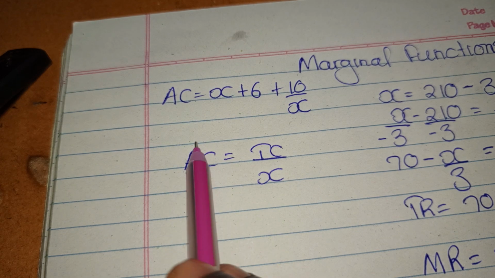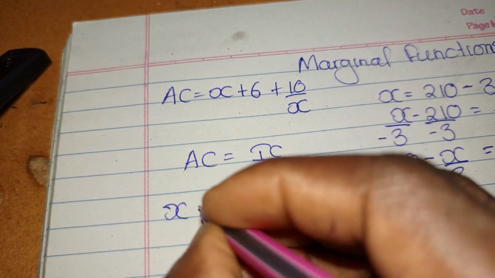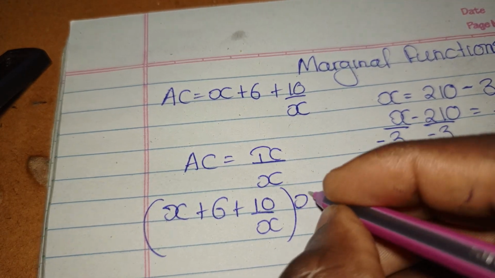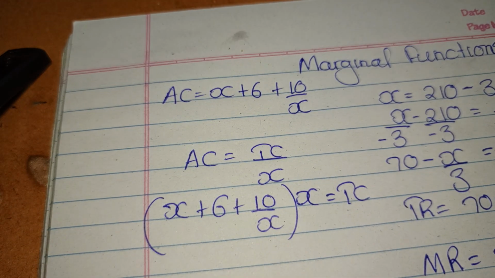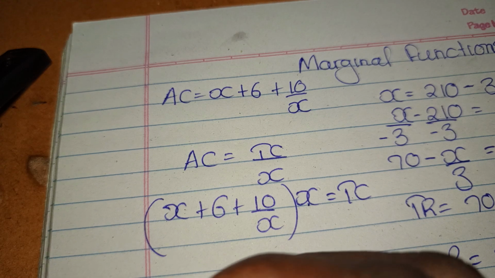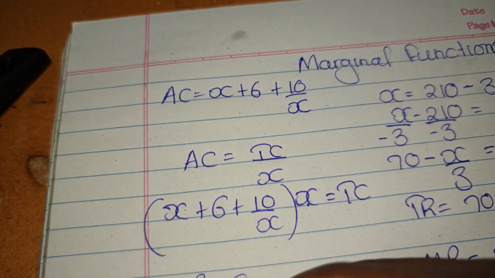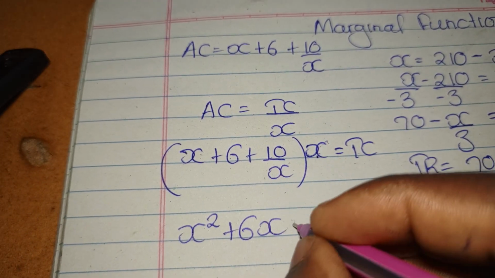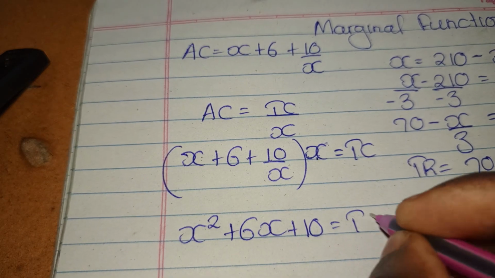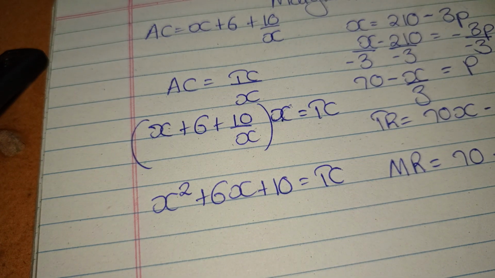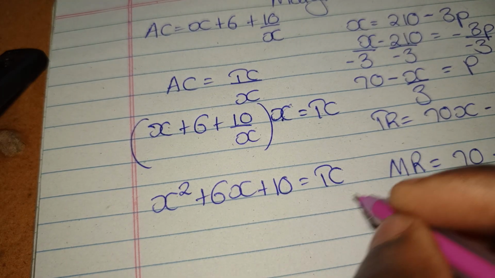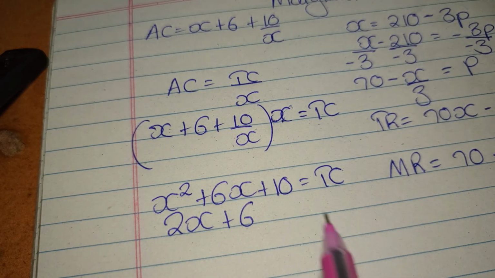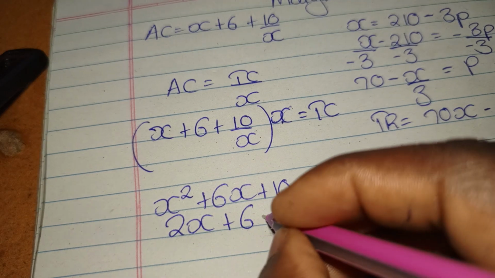So we multiply the average cost by x to get the total cost. x times x is x squared, x times 6 is 6x, and the x cancels with the x in the denominator, leaving 10. So total cost is x squared plus 6x plus 10. For marginal cost, we differentiate total cost, which gives 2x plus 6, where the derivative of every constant number is 0.